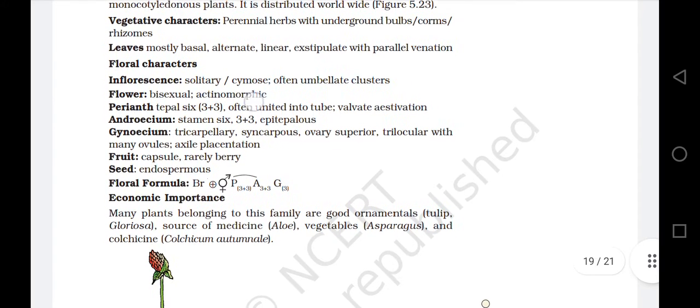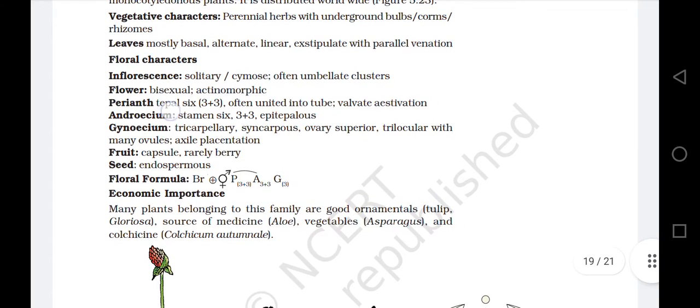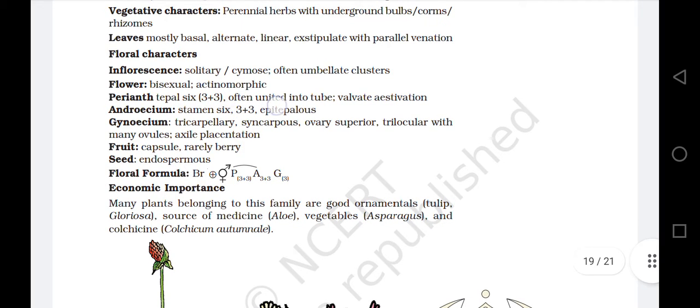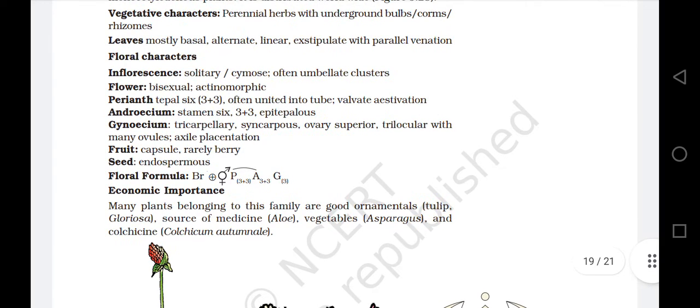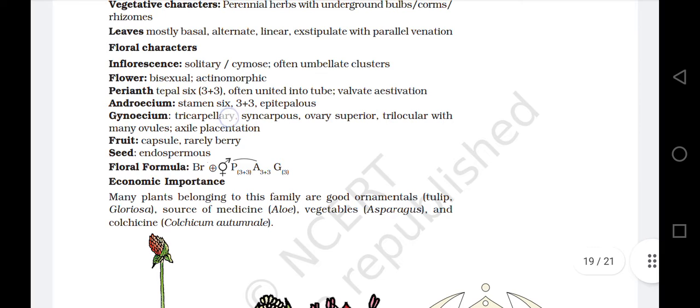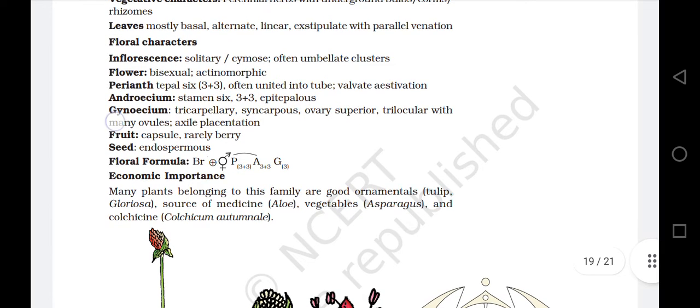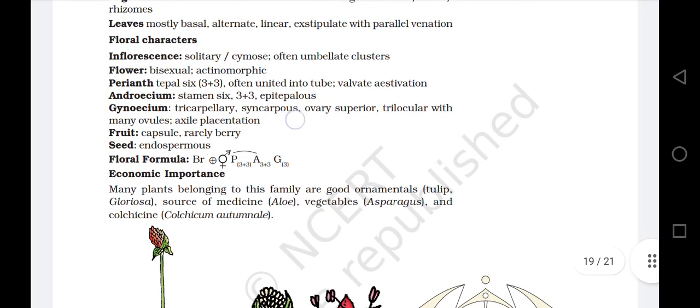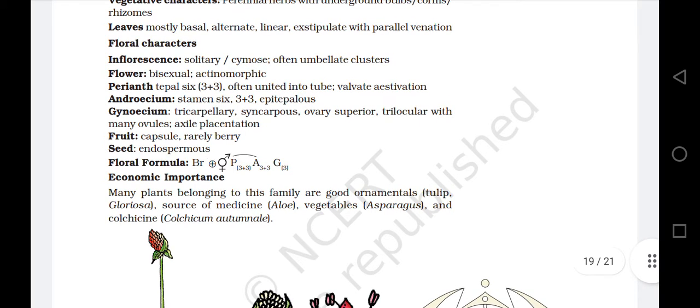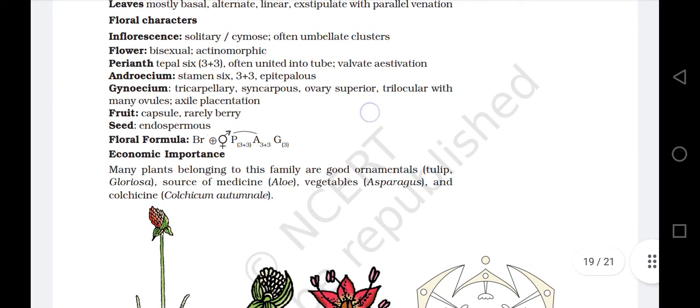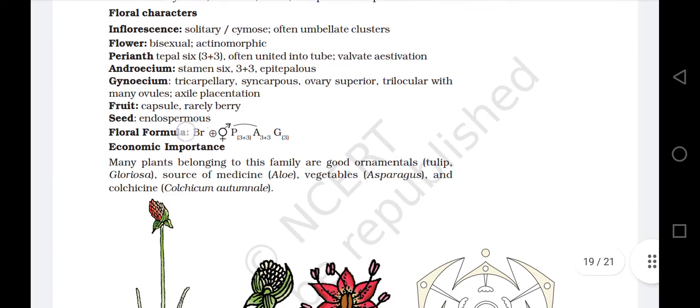Flower bisexual, actinomorphic. Perianth, tepals 6, 3 plus 3, often united into a tube. Valvate aestivation. Androecium, stamens 6, 3 plus 3, epipetalous. Gynoecium tricarpellary, syncarpous, ovary superior, trilocular, with many ovules, axile placentation. Fruit capsule, rarely berry. Seed endospermous.